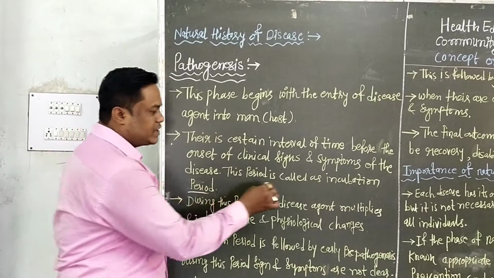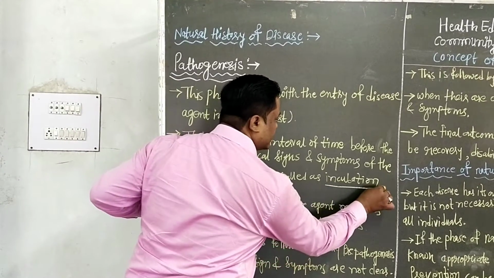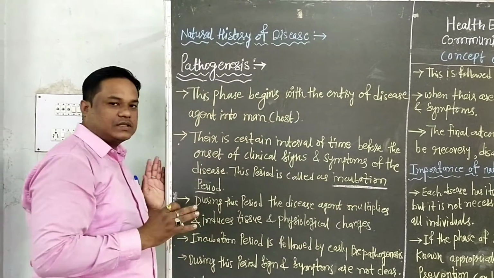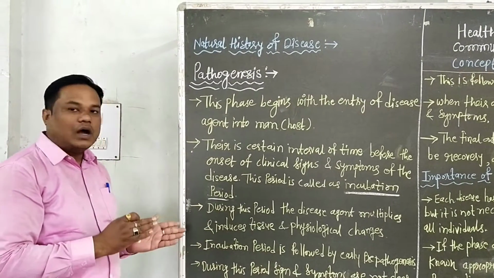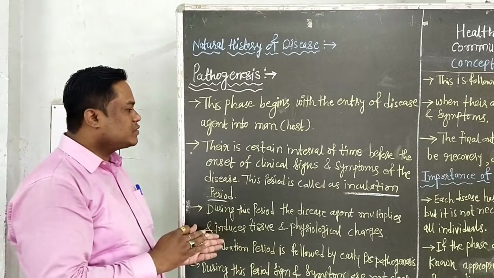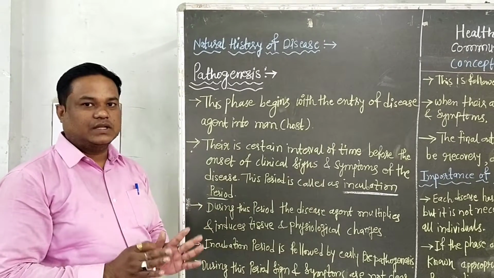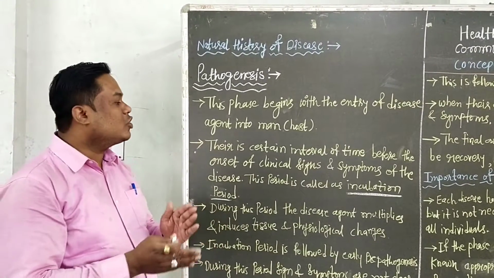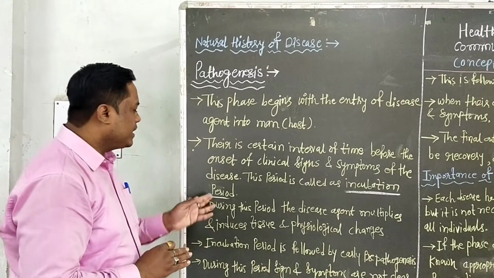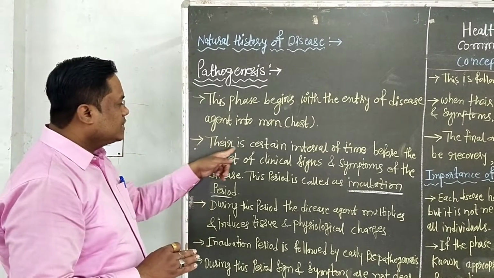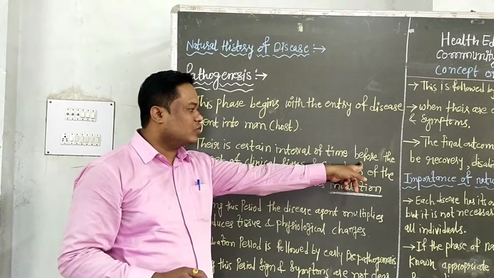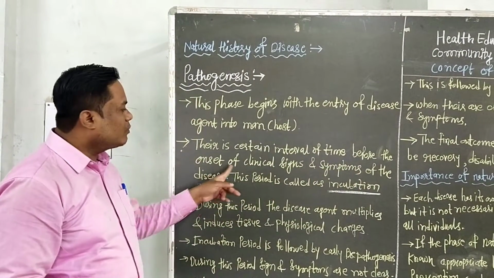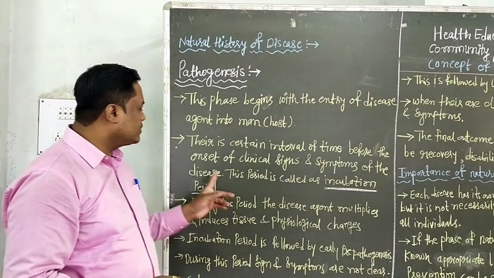First we have to see what the incubation period is. The incubation period means the period between infection by germs and the appearance of the symptoms or illness of the disease condition. There is a certain interval of time before the onset of clinical signs and symptoms of the disease.